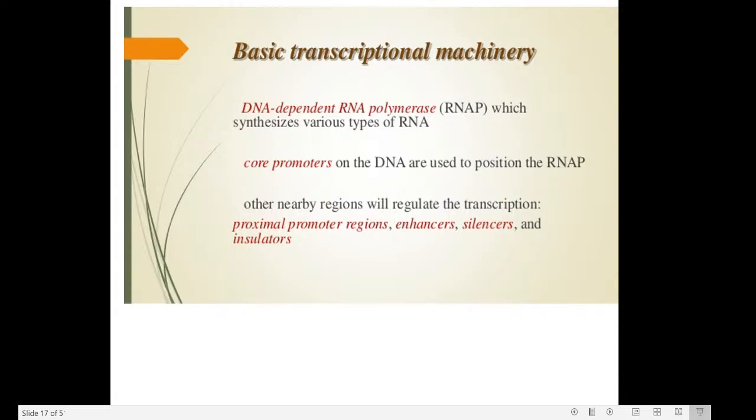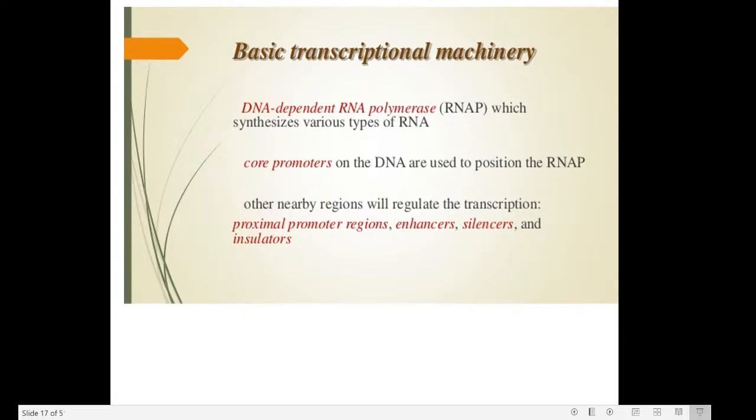Next we are going to discuss the basic transcriptional mechanism. What is transcription? In transcription, DNA is converted into RNA sequences. This RNA sequence conversion is called the transcription process.